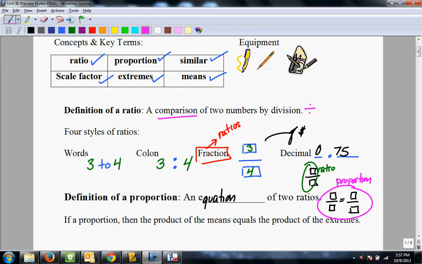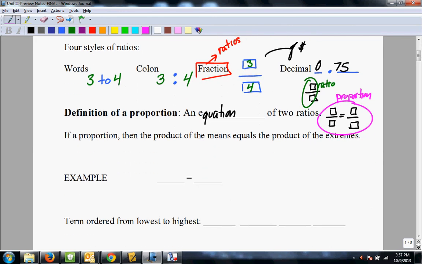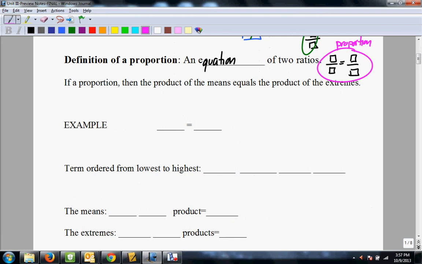When you have a proportion, the product of the means equals the product of the extremes. Say this out loud with me: in a proportion, the product of the means equals the product of the extremes.